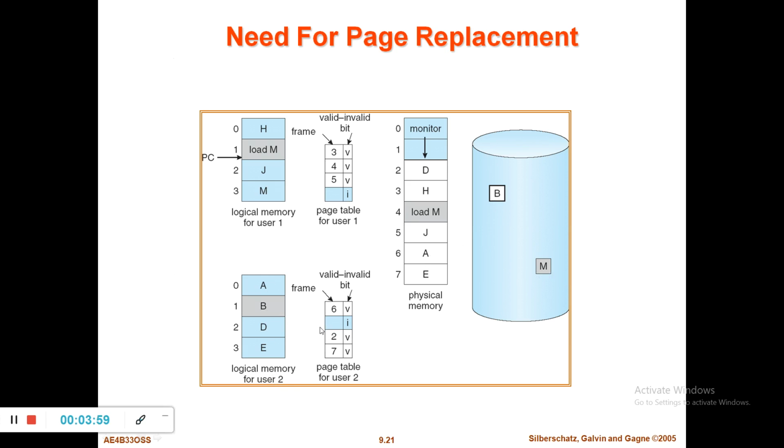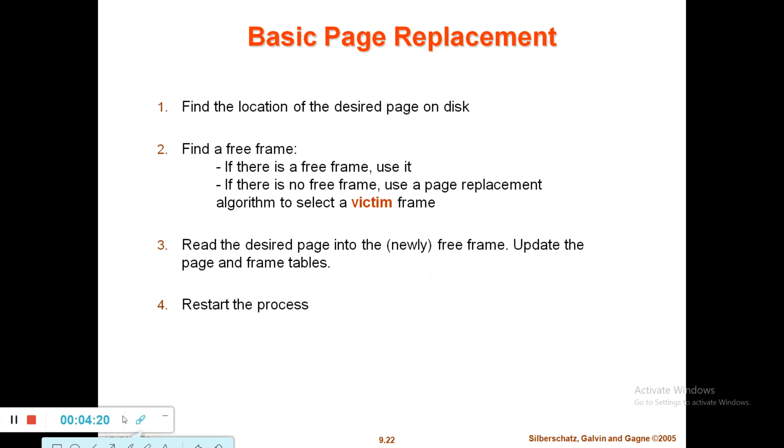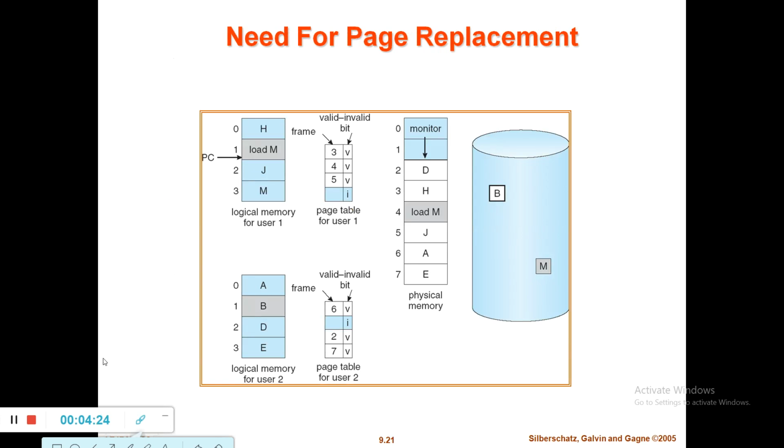If you request or use that page, it will raise the page fault and it will check whether there is a free frame available. Now there are no free frames available in the physical memory. All the memory is full, so there is a need for page replacement.